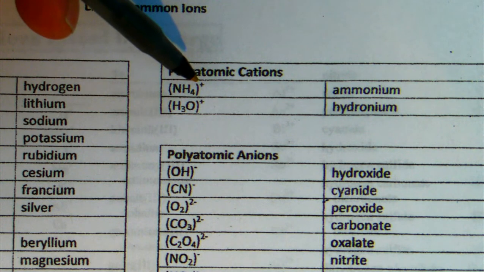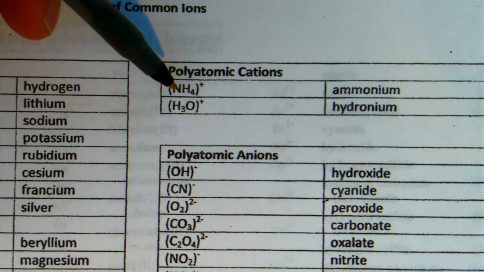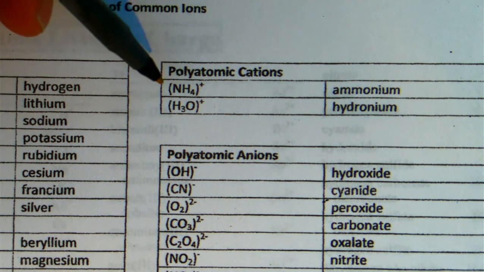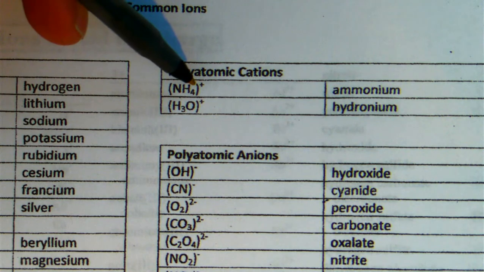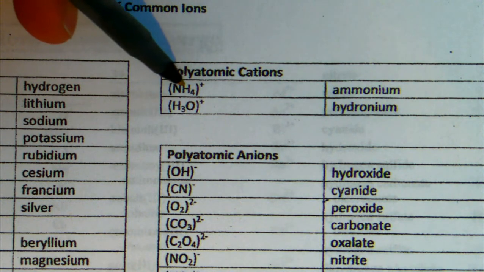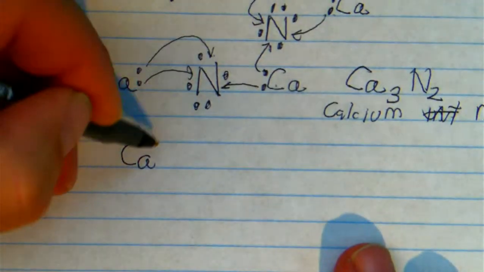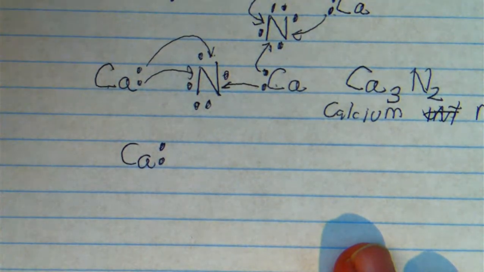If I need to use 2 of these to combine with, let's say, calcium, then I'll have to use the parentheses and put a subscript outside of the parentheses that means use this entire group. Let me do that as an example. Calcium is always with 2 valence electrons.